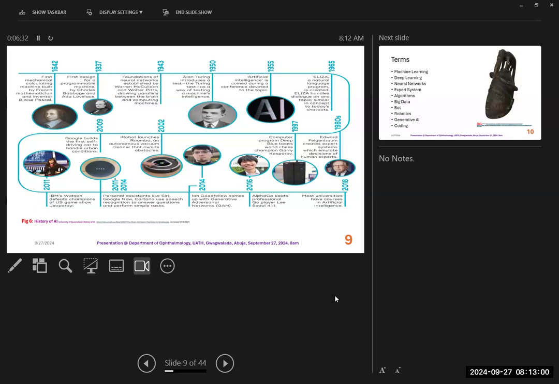Then iRobot launched Roomba. A Roomba is like a vacuum cleaner that has the capacity to avoid obstacles when it is cleaning.